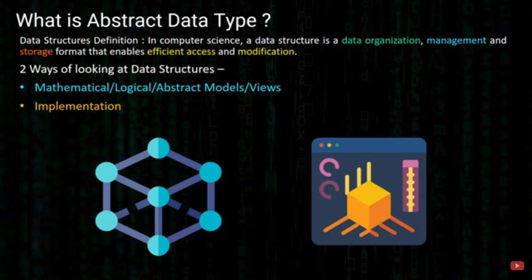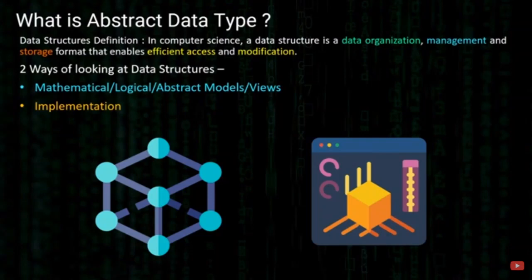There are two ways of looking at data structures. One is mathematical, logical, abstract models or views. This is one way we look into the data structure, whether it may be mathematical, logical, abstract or a view.